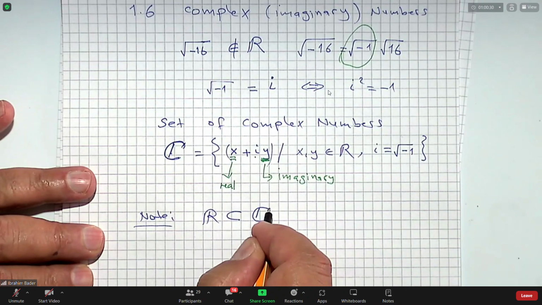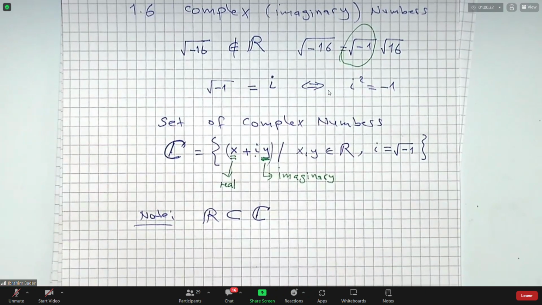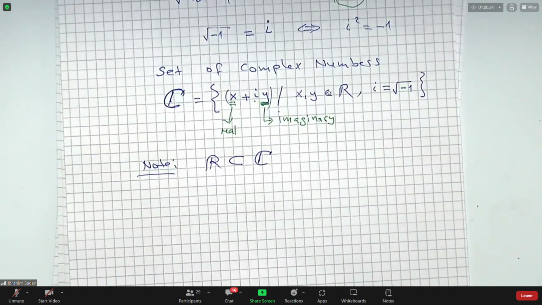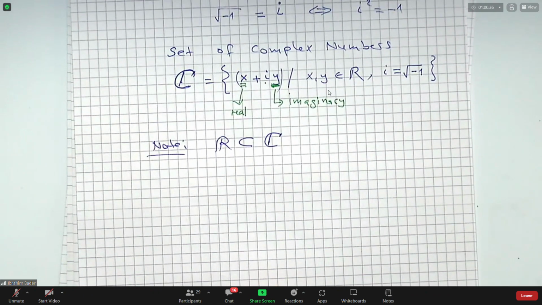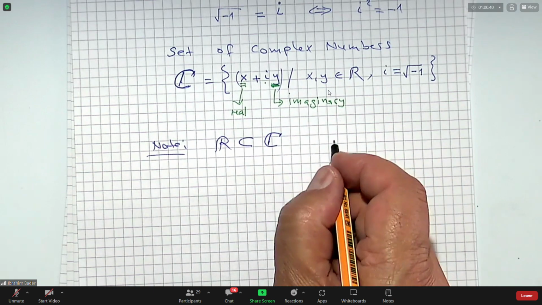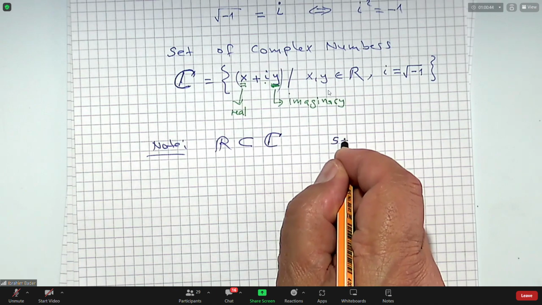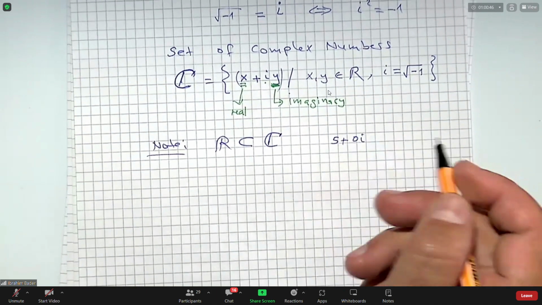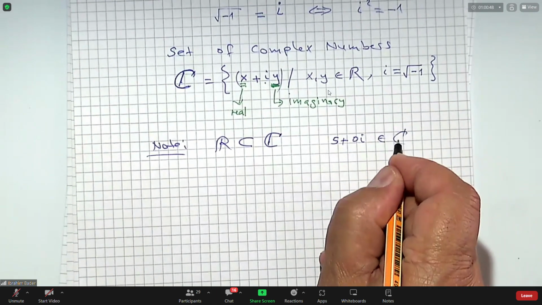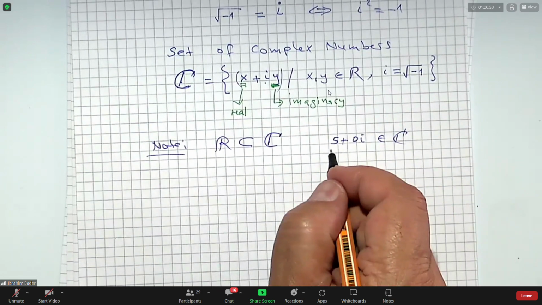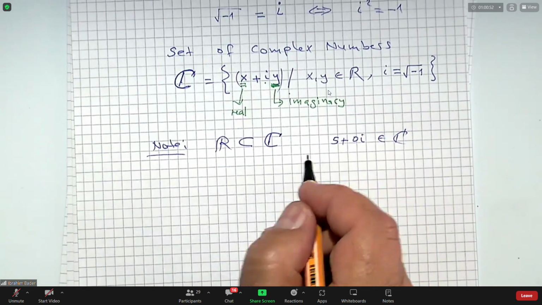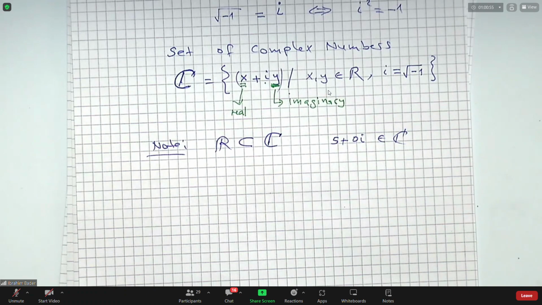R is a subset of C because every real number, just like Z is a subset of Q, for instance. If we take 5, we can write 5 plus 0i, okay? So it's in C. So this is what we call pure real numbers, real numbers that don't have any imaginary component.